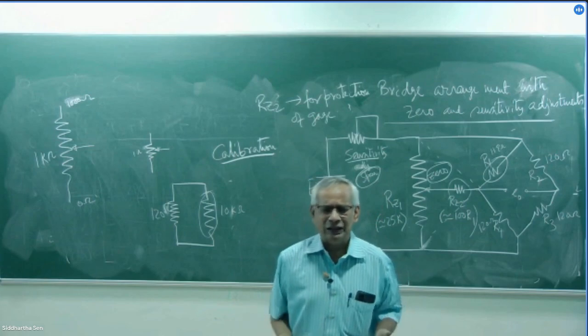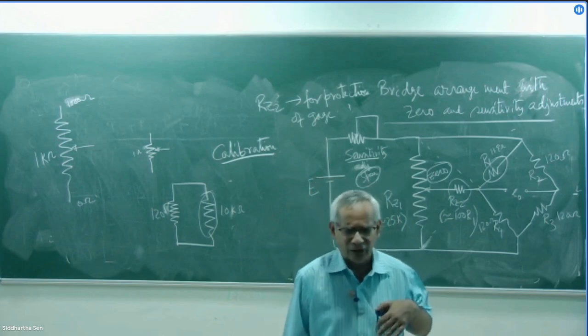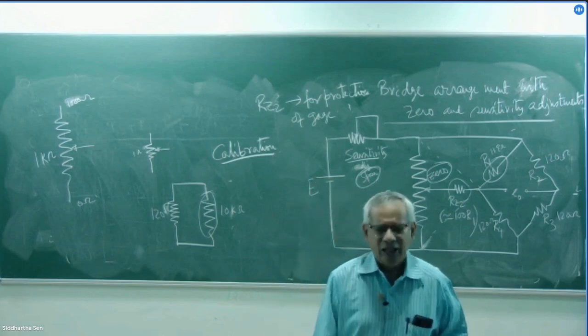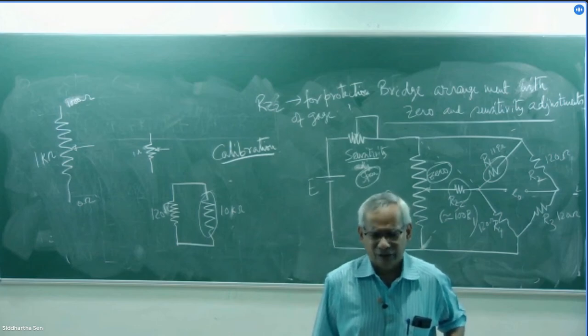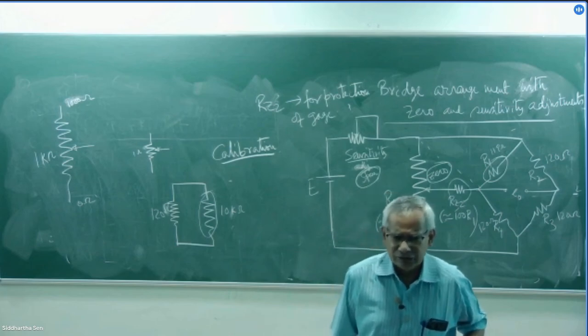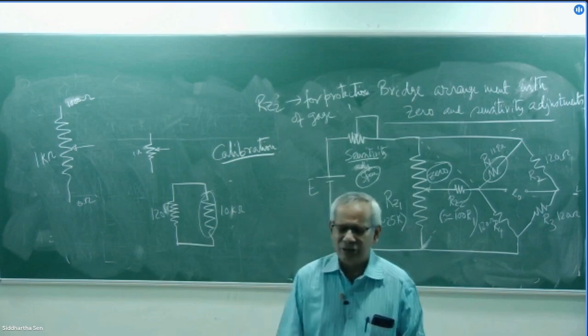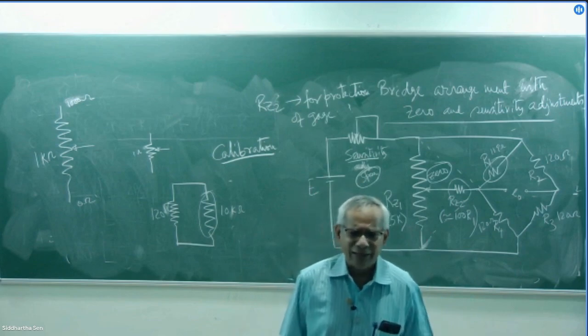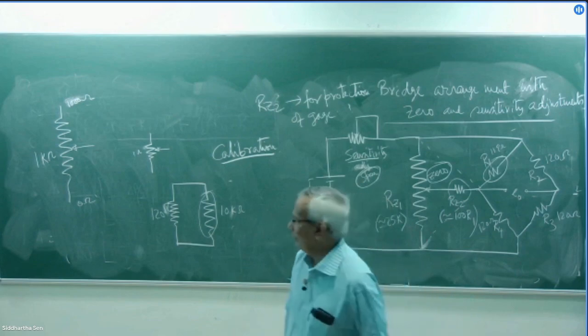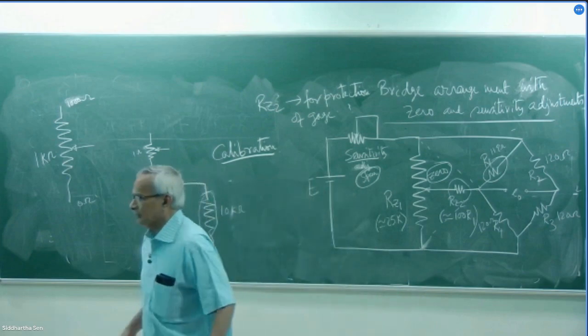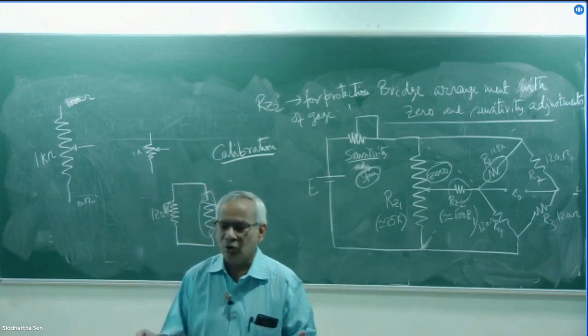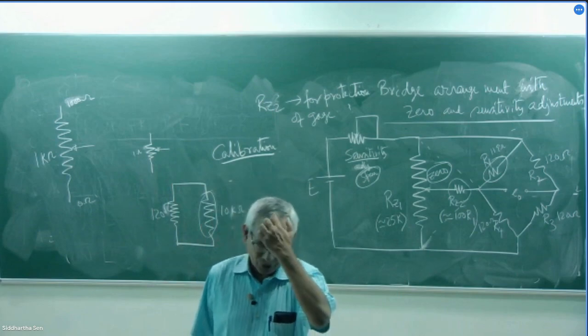In Hindi, they call it dharamkata. That means they check the loading of the truck. That loading is measured using load cells, and the load cell may be rated for a few tons.